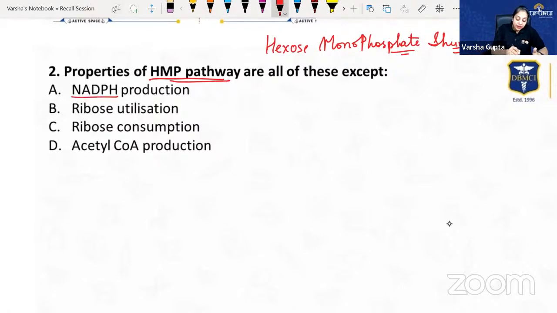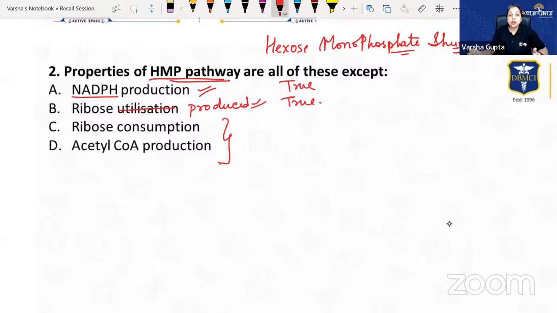NADPH is produced, right? Ribose, I guess, is produced, which is also true. Ribose is consumed, or acetyl-CoA is produced. These two we have to think about. Do we consume ribose in the HMP pathway? We don't.